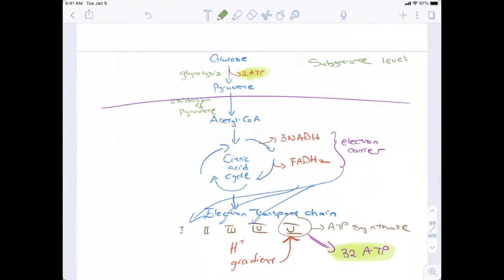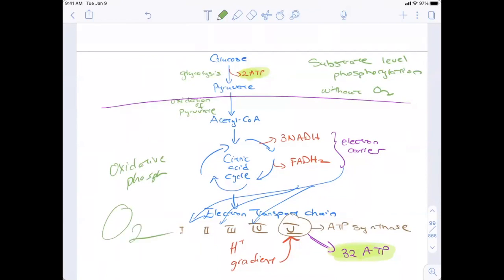That's what it's called, right? Which means we're making ATP without oxygen. That's glycolysis. We're making ATP without oxygen. Then down here is what we're going to call the oxidative phosphorylation. Okay, so the key thing here is I need oxygen to go all the way.